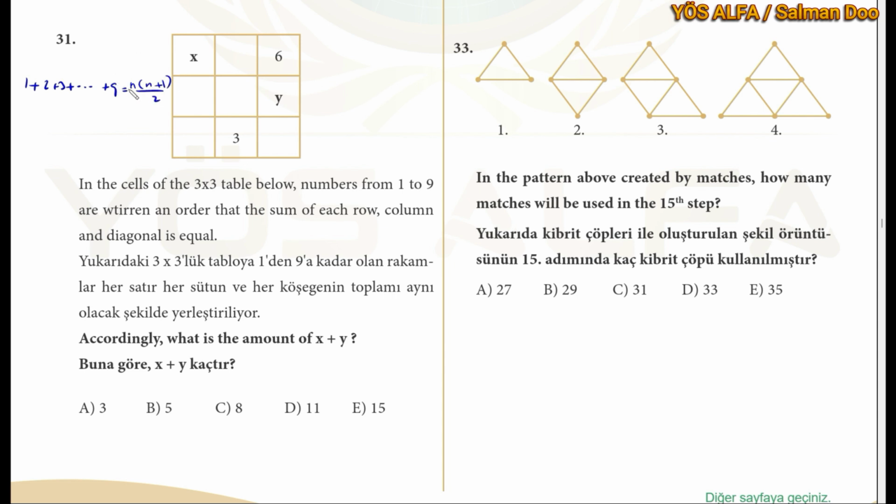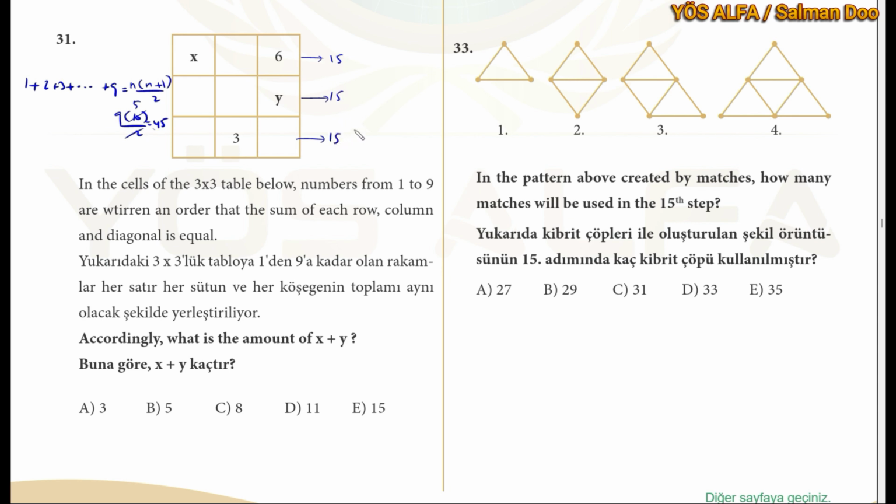Since we have 9 numbers, 9 digits, the summation is 45. So that's the total sum of all the 9 squares. For each row, since we have 3 squares, and their sum should be the same for each row too. So that means that each row or column should have the summation of 15.